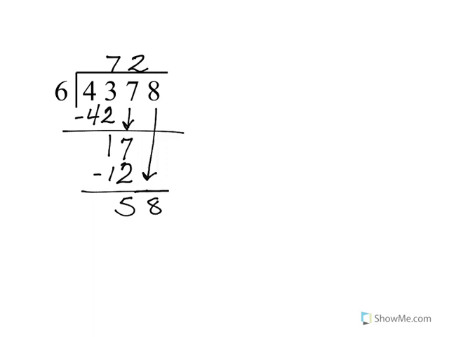Well, I know that 6 times 9 is 54. So I know I can get 9 groups of 6 out of 58. And 9 times 6 is 54. I'm going to subtract 54 from 58. And I end up with 4. I have nothing else to bring down, so I'm going to bring 4 up as my remainder, and my answer is 729 with a remainder of 4.